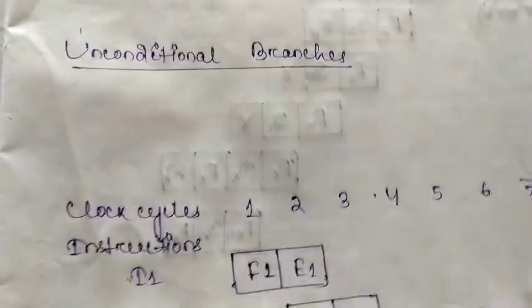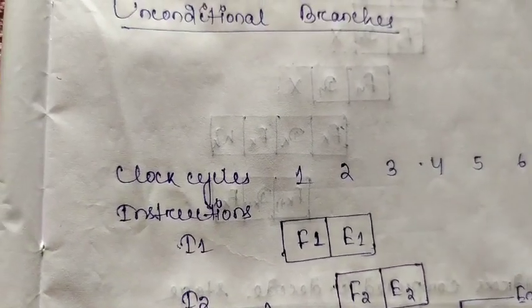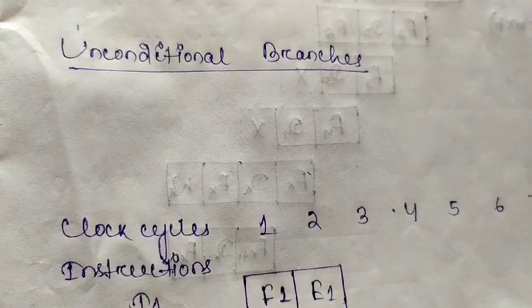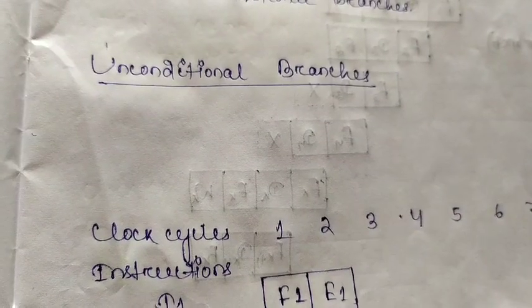So unconditional branches means a sequence of instructions. Let's take an example of a sequence of instructions being executed in a two-stage pipeline.